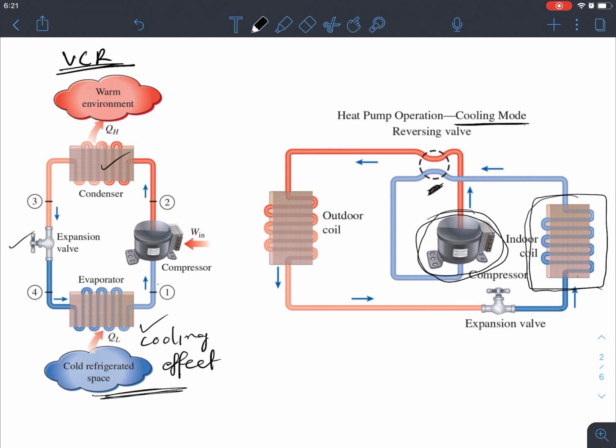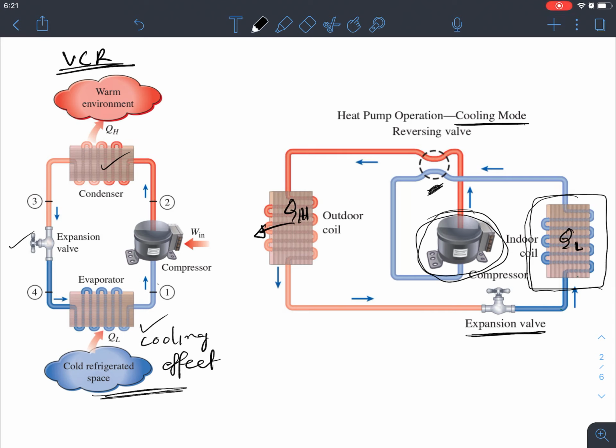When the refrigerant expands through the expansion valve and goes through the evaporator, it absorbs the heat QL and evaporates into gaseous form. It is pumped through the compressor and goes outdoors, where it rejects the heat QH.